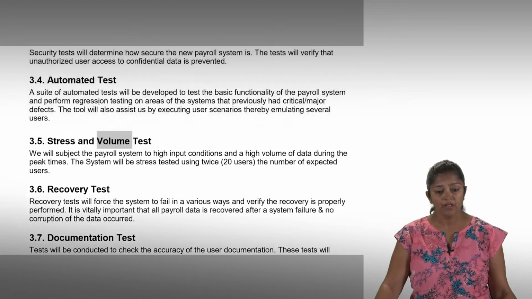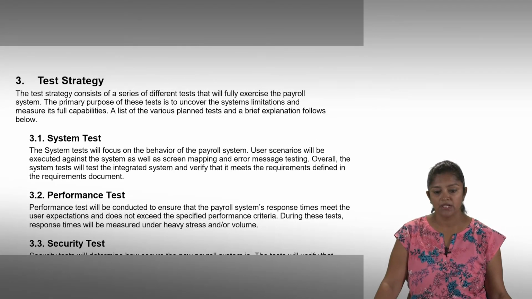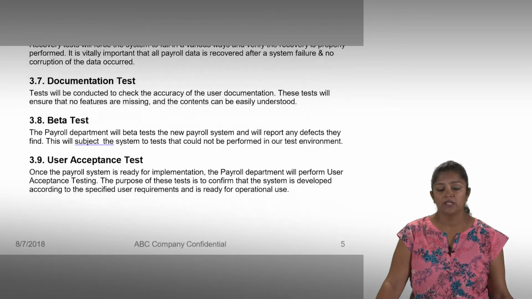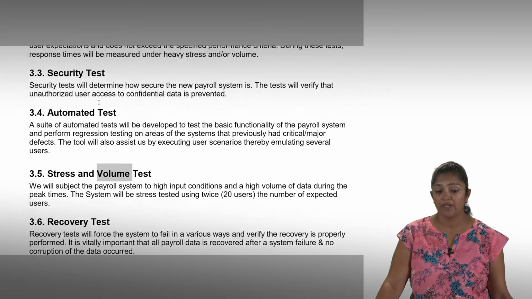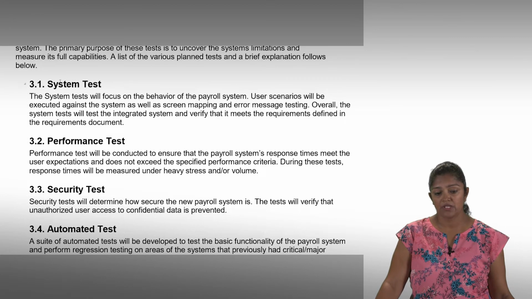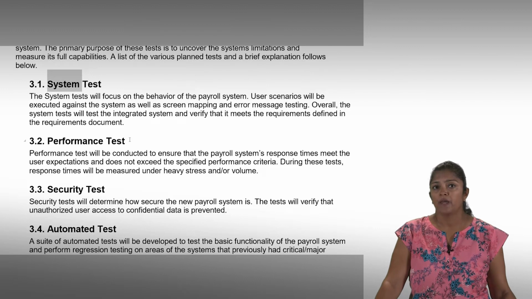So the test strategy basically lists all of these different types of testing that will be done, and it also provides the details of how each of them will be done. Like for example, if it's system test, it should provide details of how the system testing will be done, what are the different test cases for system testing.